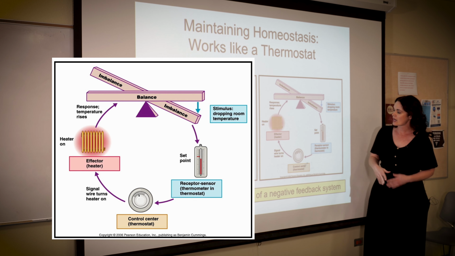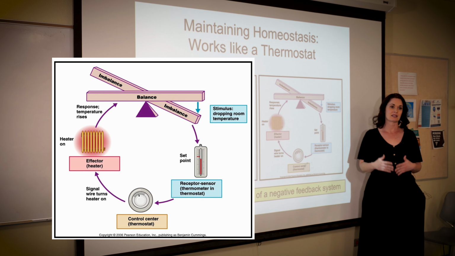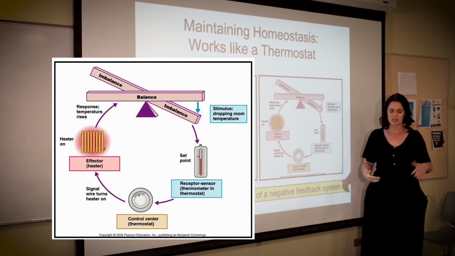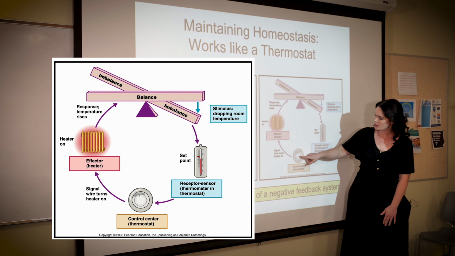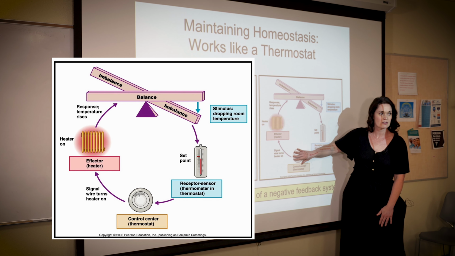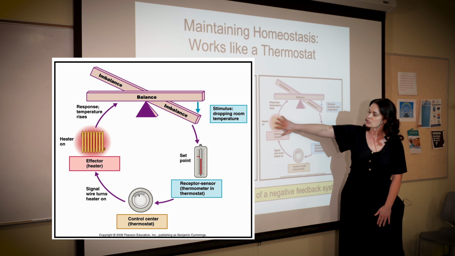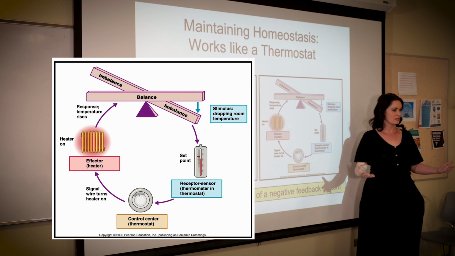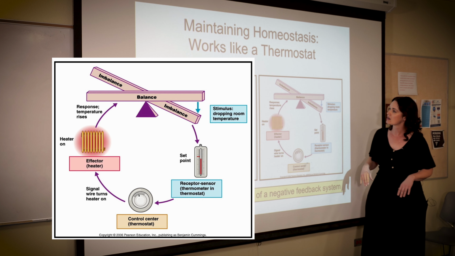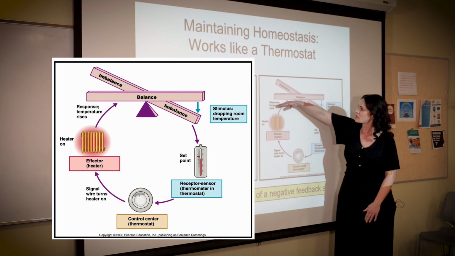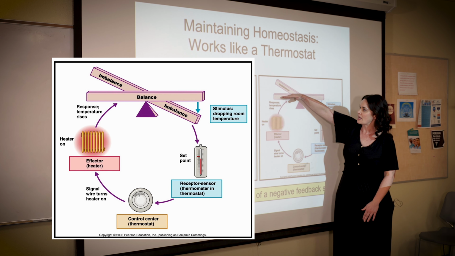So again, we have that thermometer in the thermostat that's going to pick that up. It knows the temperature in the house is decreasing. That's going to be communicated, okay, through the control center of the thermostat, which will turn the heater on. And of course, once the heater's on, it starts blowing warm air into all of your rooms, and that's going to bring that temperature right back up.